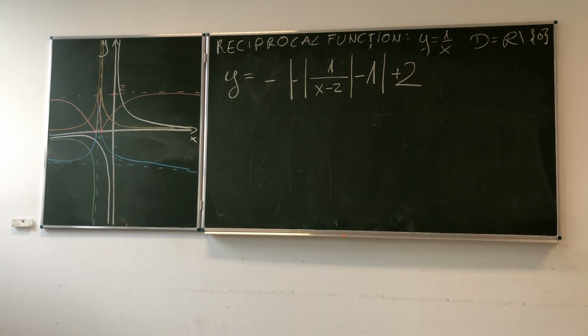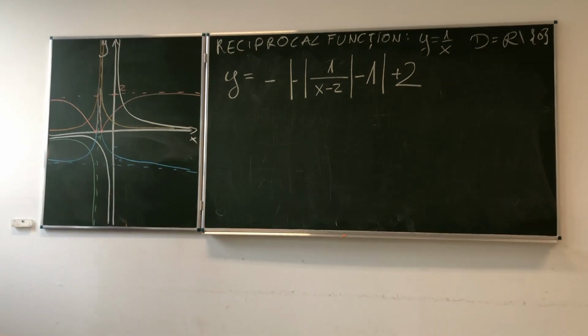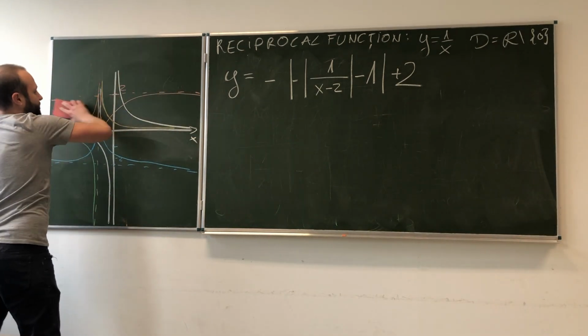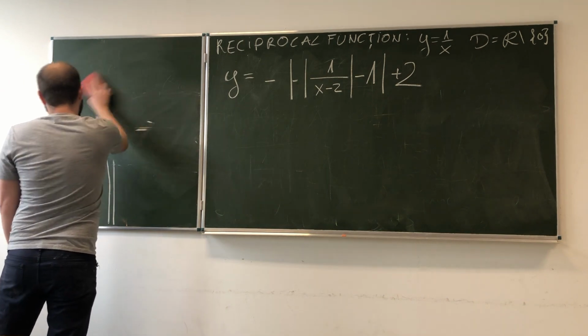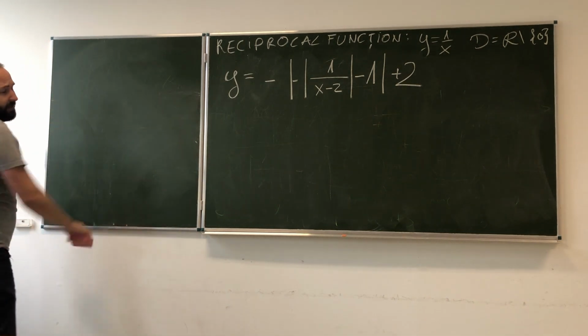Well, as you see here, we will have plenty of transformations, but still going through all the basic rules that we've established for all transformations, we will be able to draw it pretty easily.